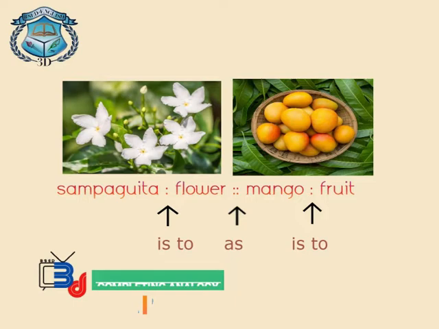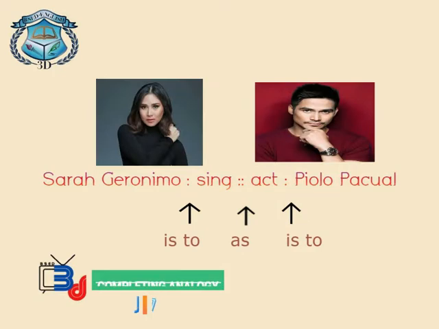Sampaguita is to flower as mango is to fruit. Another is Sarah Geronimo : sing :: Aga : Piolo Pascual. Sarah Geronimo is to sing as Aga is to Piolo Pascual.